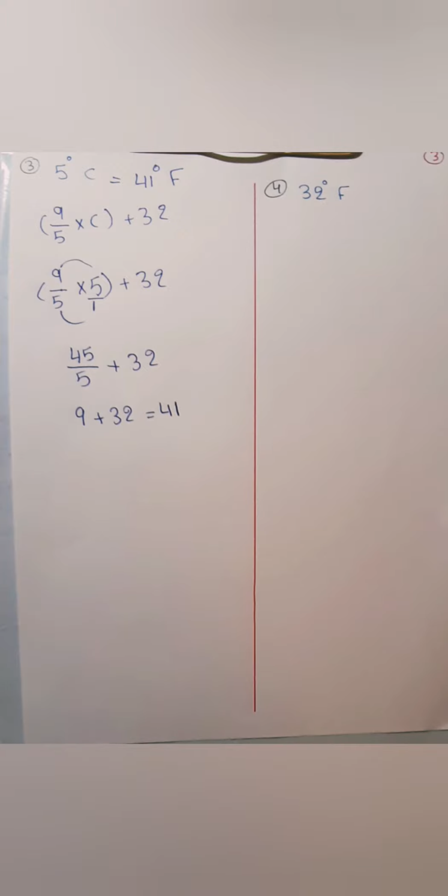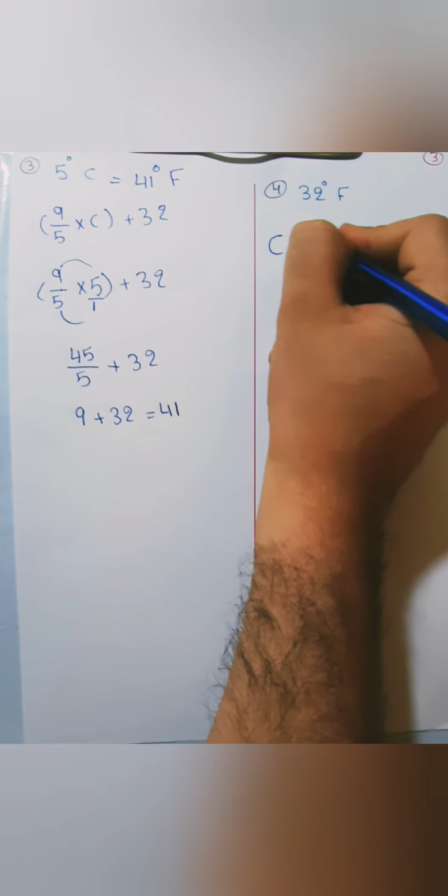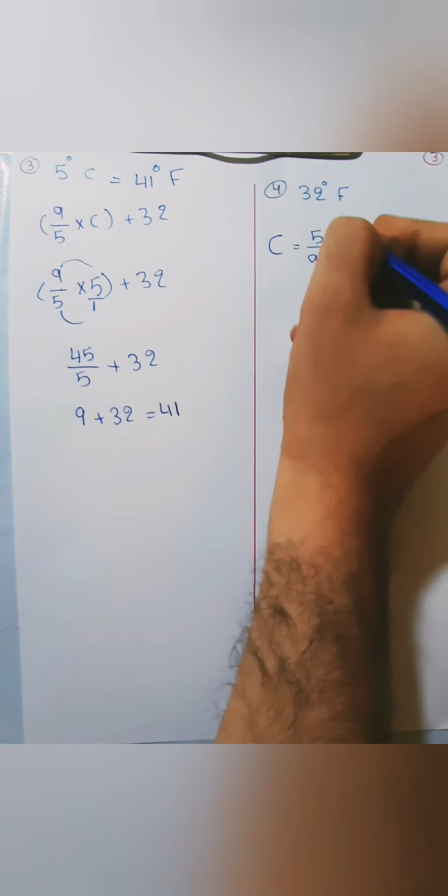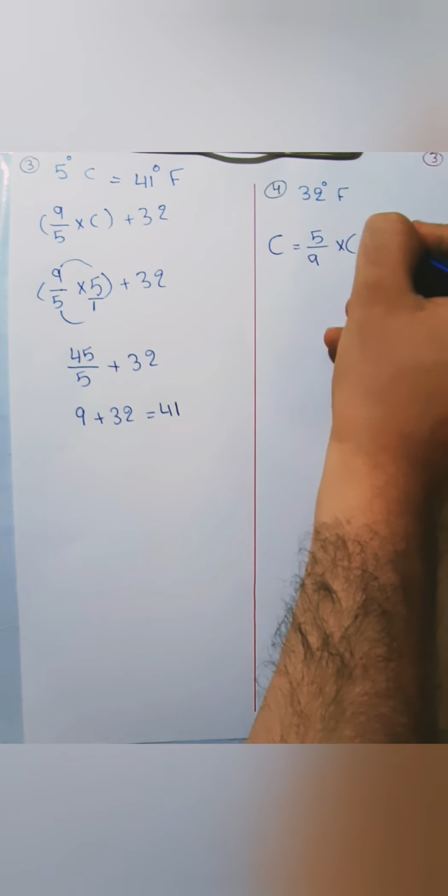Last example, 32 degrees Fahrenheit. When we want to change to Celsius, we have to use this rule: 5 out of 9 times F minus 32.